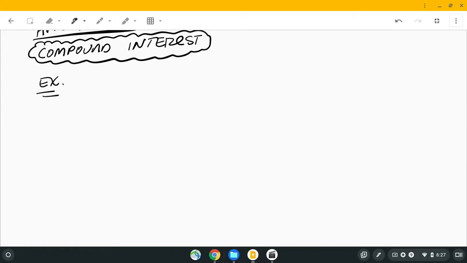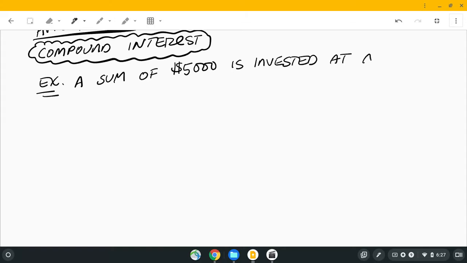All right, so a sum of $5,000 is invested at an interest rate of 5% per year.